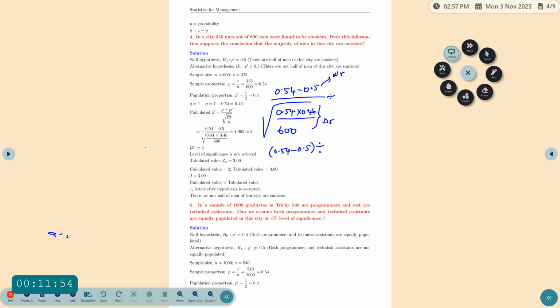Then the denominator comes, and in the denominator a square root appears. Whenever a square root comes, you put a bracket. Inside, the numerator is 0.54 into 0.46, then another division symbol, then the denominator 600. Close the bracket, and then put equal, and you will get the value.